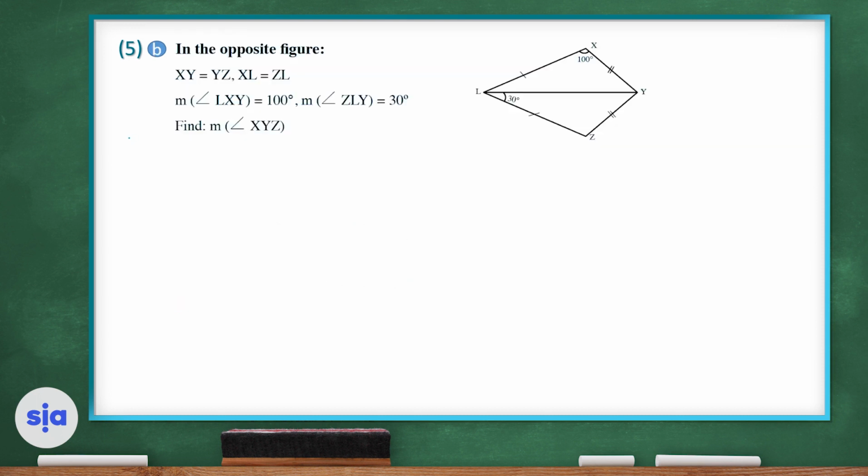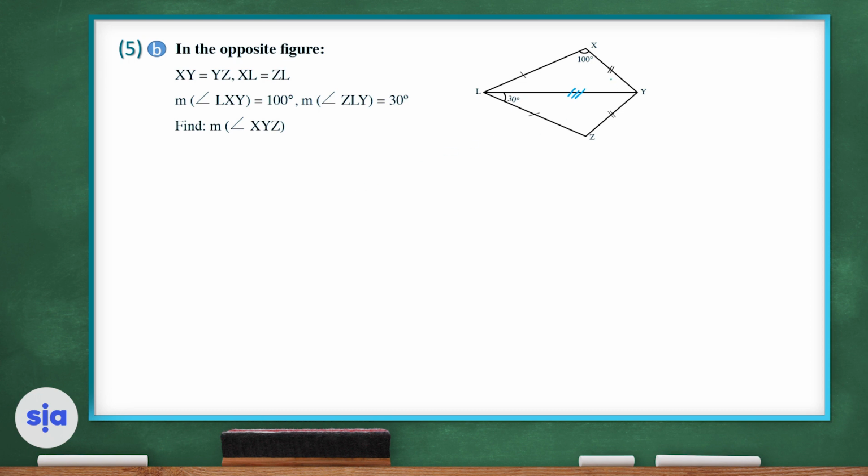Question 5b, in the opposite figure, if XY is equal to YZ and XL is equal to ZL, and for sure from what we see that LY is a common side, and it's also given that the measure of LXY is 100 degrees and the measure of ZLY is 30 degrees, how can we find the measure of angle XYZ?